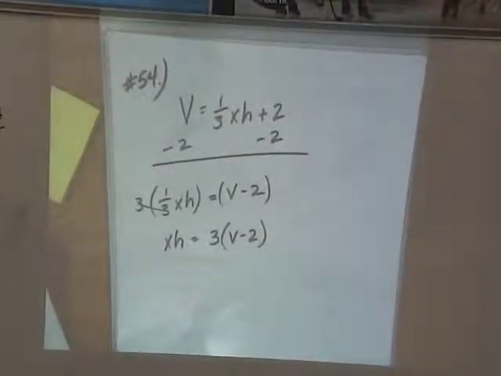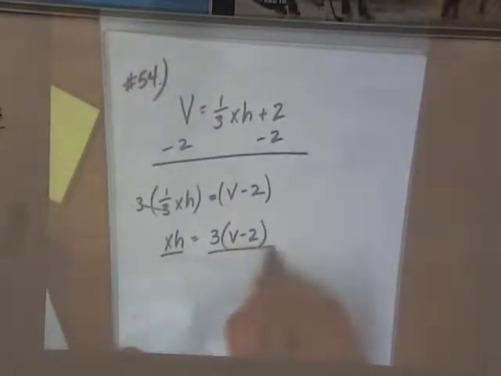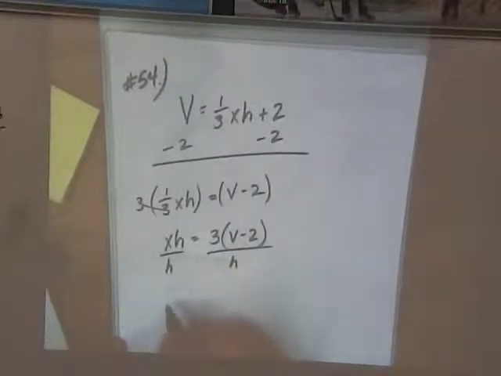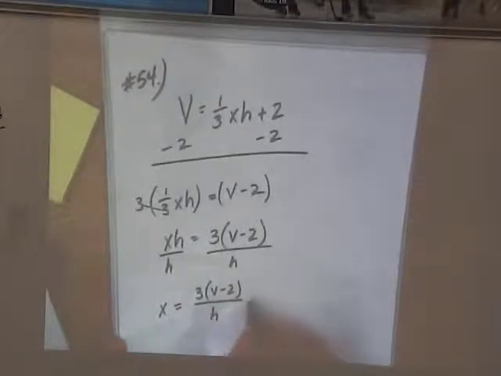If you want to distribute that in there, that's fine. But to me, that's just an extra step. My whole goal is just to get x by itself, right? Now what? Divide both sides by h. So I get x is equal to 3 times v minus 2 all over h.